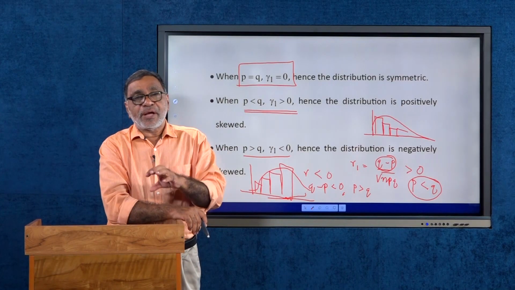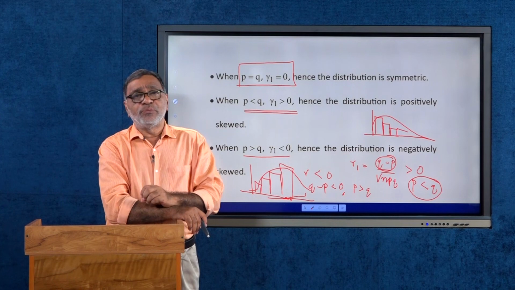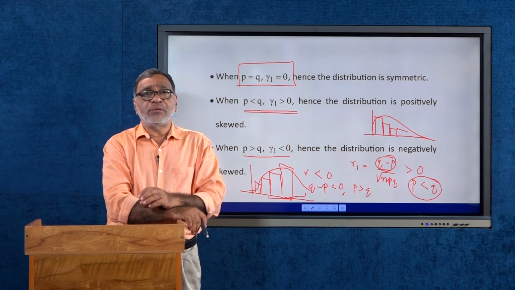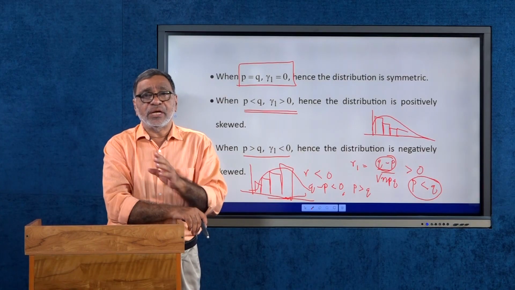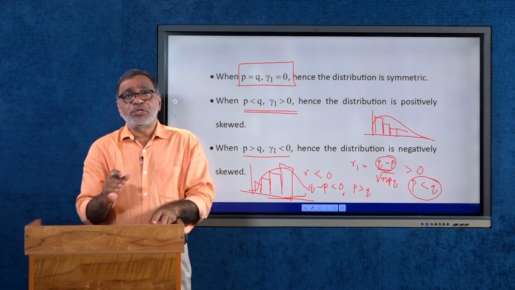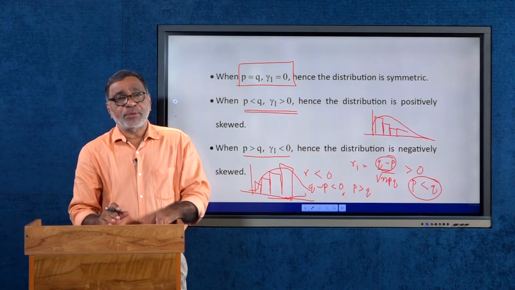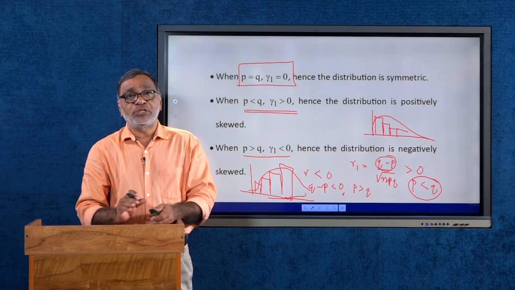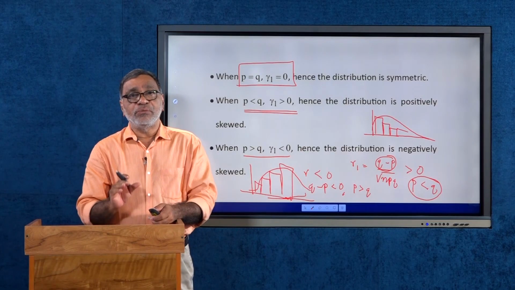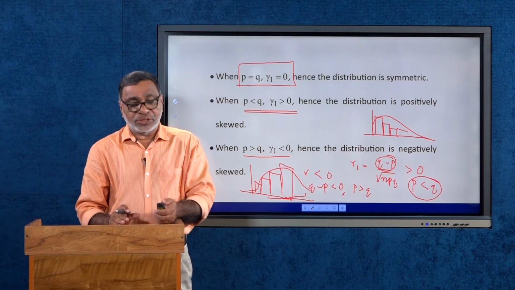So, according to the values of p and q, the distribution can be classified as symmetric, positively skewed, or negatively skewed.